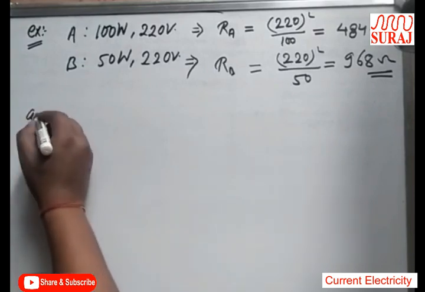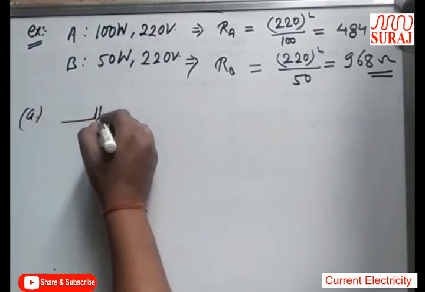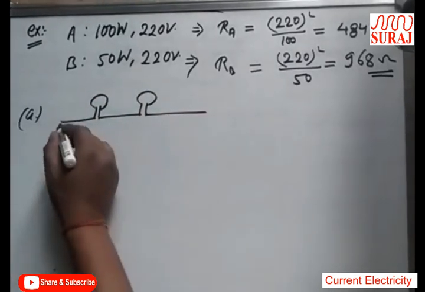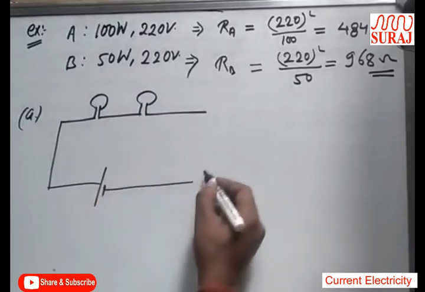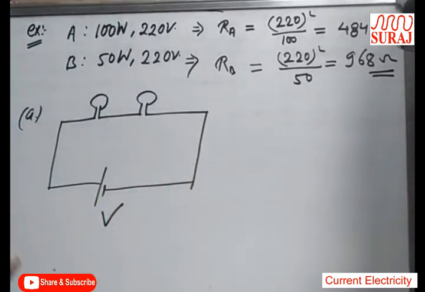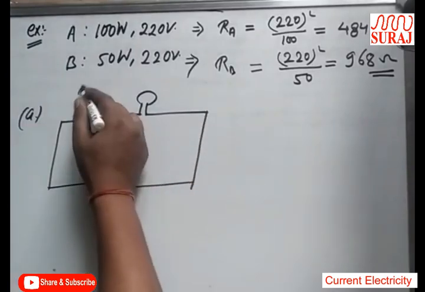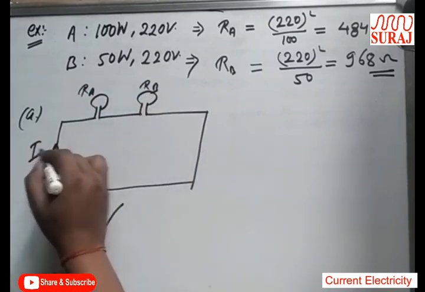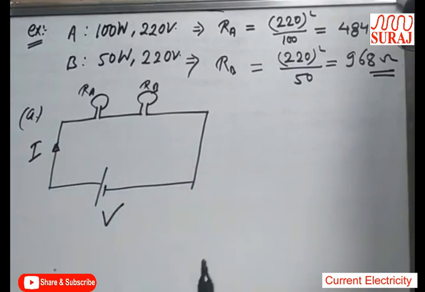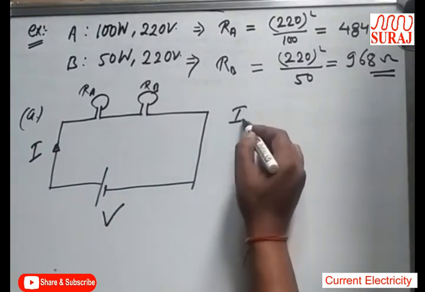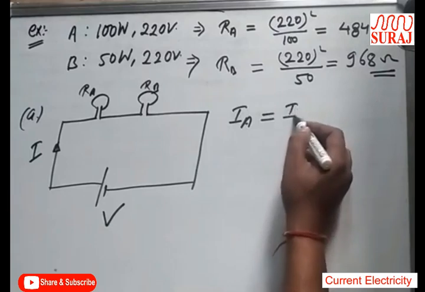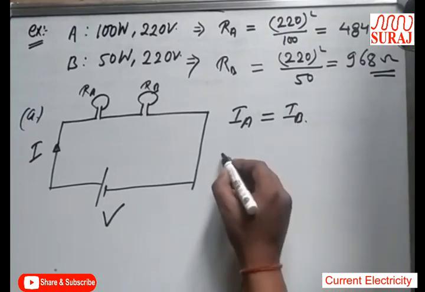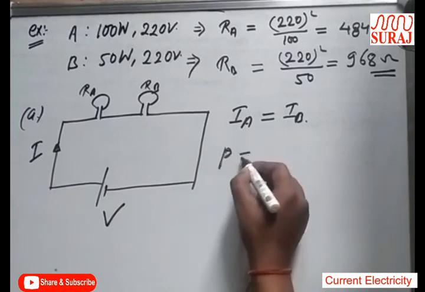In the first case they have asked to connect the bulbs in series. Suppose I connect these in series with a power supply of V volt. In a series circuit, we know that the current through each and every element is the same. It means the current in A is equal to the current in B. So the power is written as follows.